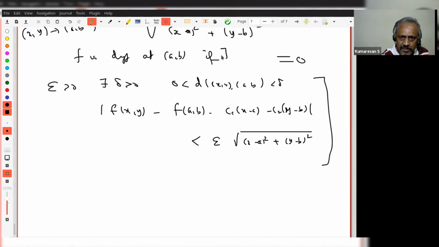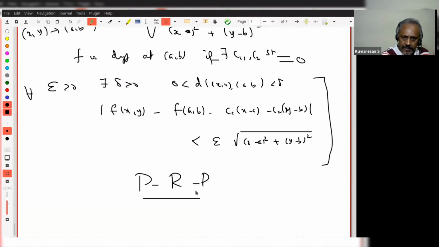If there exist real numbers c1 and c2 such that for every epsilon positive, there is a delta positive so that the distance between (x, y) and (a, b) less than delta implies f(x, y) minus f(a, b) minus c1 times (x minus a) minus c2 times (y minus b), this first degree polynomial error, will be less than epsilon into this distance. Okay, we will stop here.